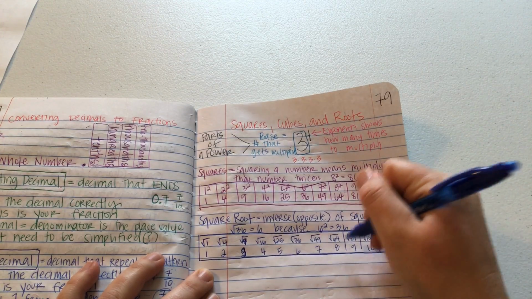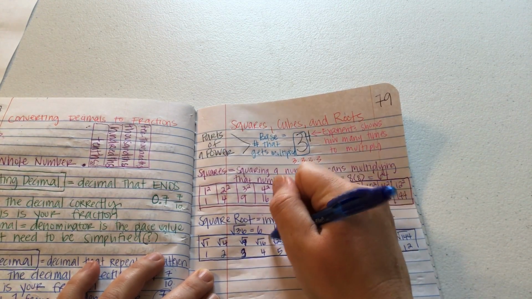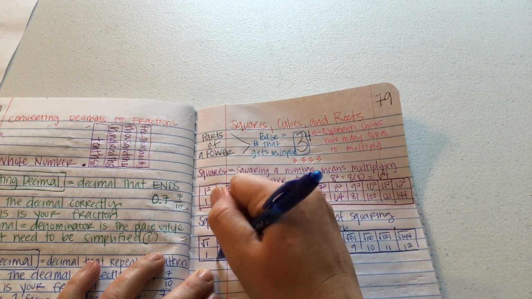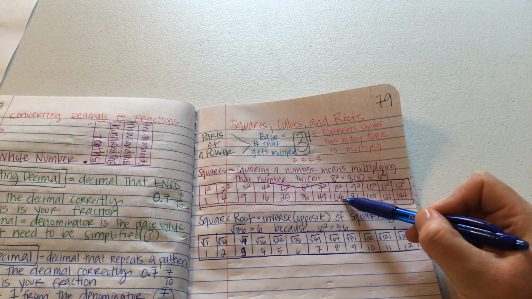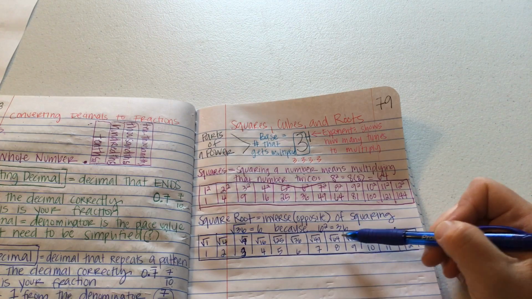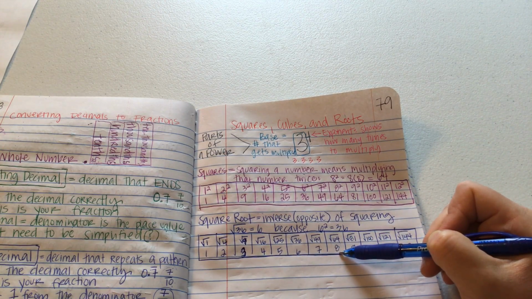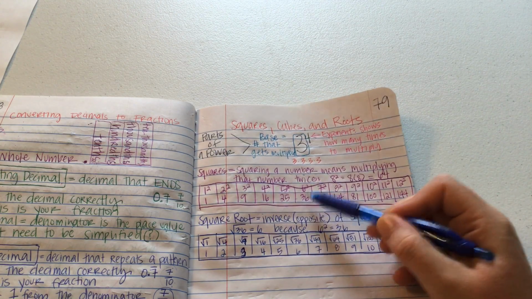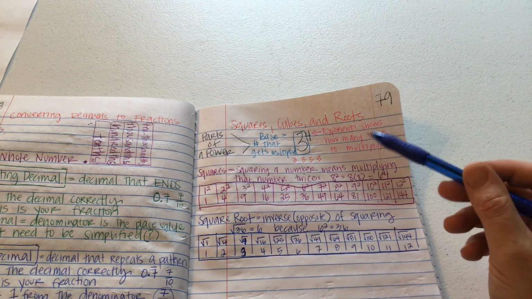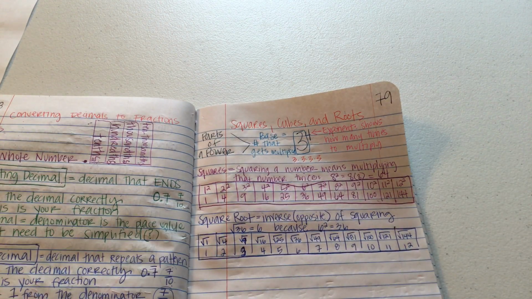So we know that squaring and square rooting are inverses. They work backwards from each other. If I have the perfect square, 64, I can take the square root of that to get 8. If I had 6 squared, I know that my answer would become 36. So squaring is multiplying by 2.